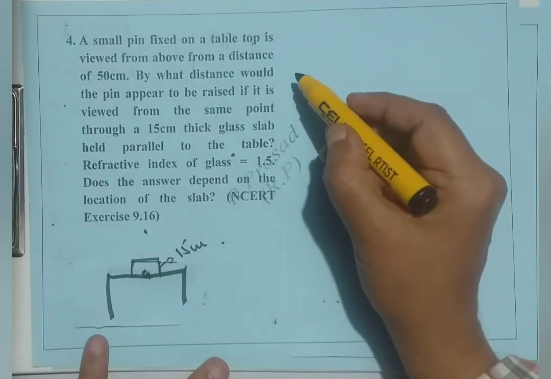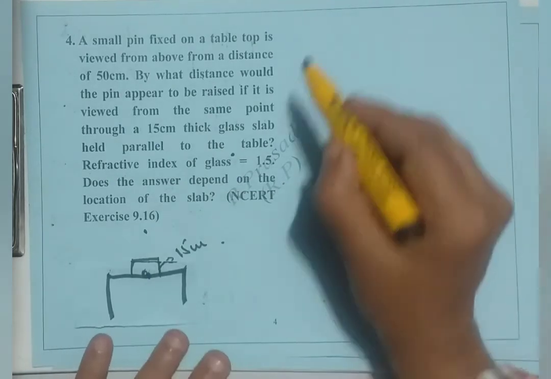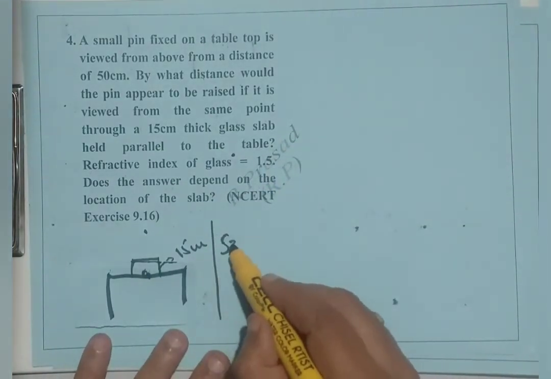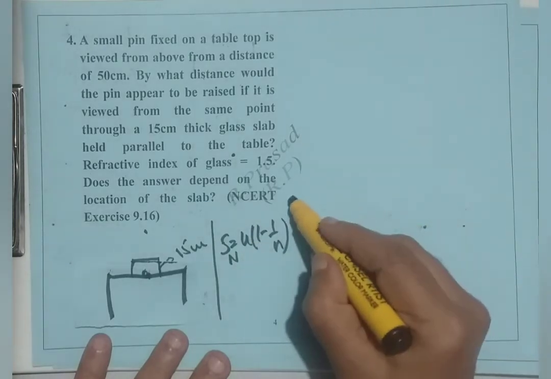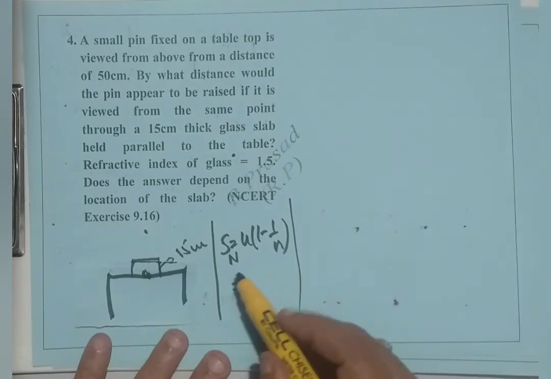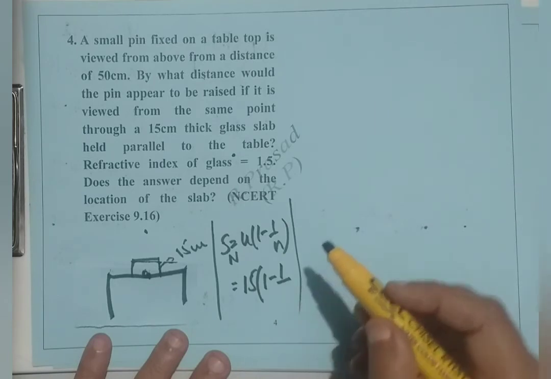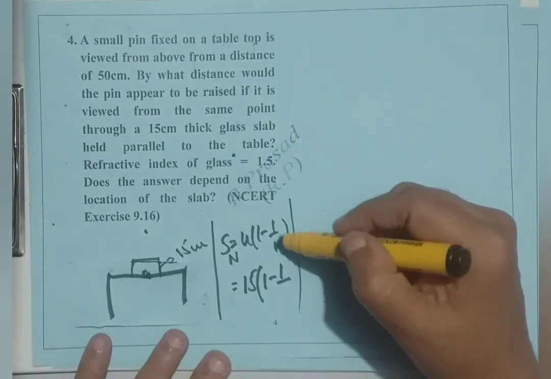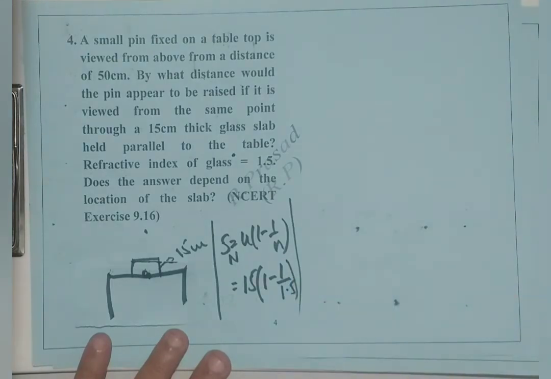So here, irrespective of our position of viewing, we can use the normal shift formula. Sn is equal to t into 1 minus 1 by n. We substitute everything. Thickness of the glass slab is 15, 1 minus 1 by n. N is refractive index 1.5, say, which amounts to be 4.95.